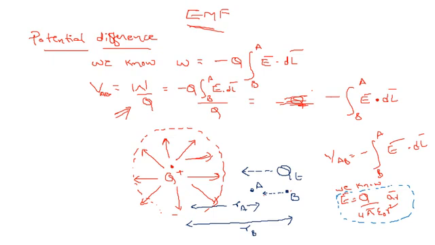Now, what is dl? I am not taking it as a Cartesian coordinate system, but as a spherical coordinate system. Now dl can be written as dr ar plus r d theta a theta plus d phi a phi.